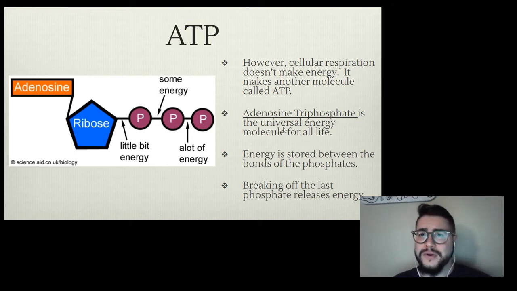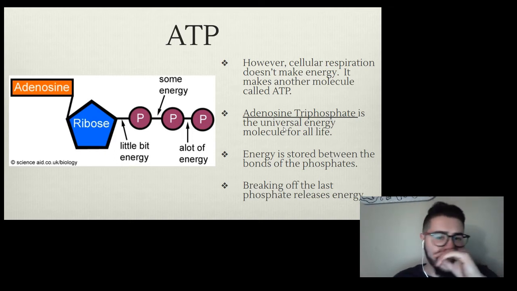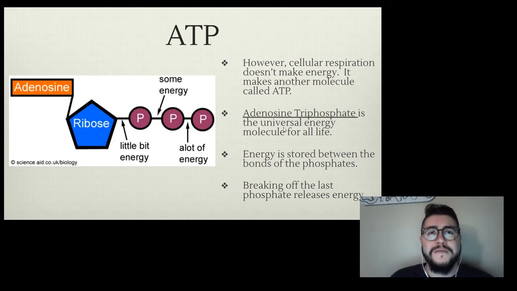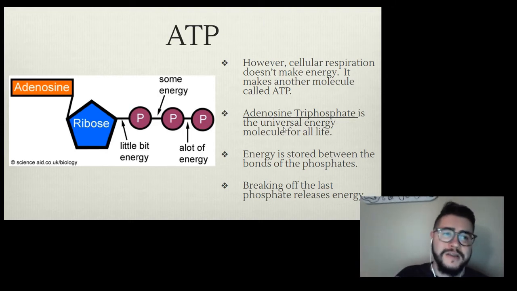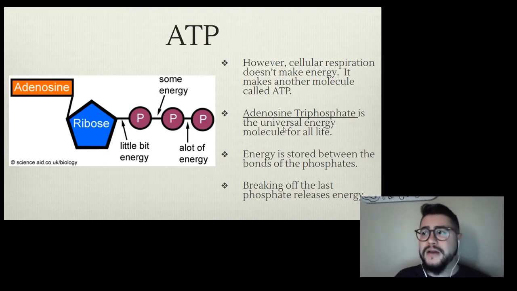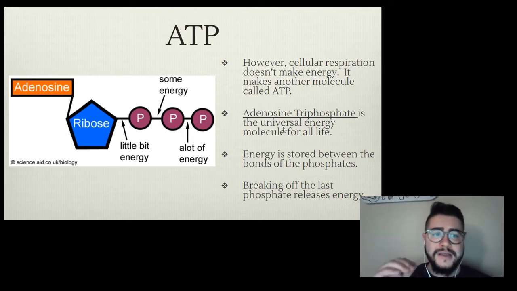In terms of importance, it's probably the second most important biological molecule we'll talk about this year, just behind DNA. When I talked about how food doesn't directly turn into energy right away, what has to happen is that food gets converted into ATP, and ATP is the energy source that your cells can use.